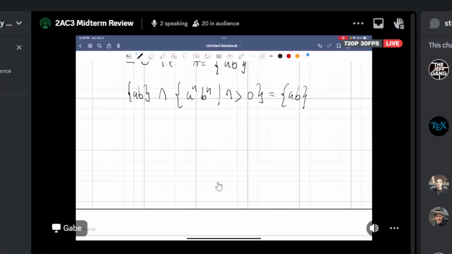No, because you can easily come up with a counterexample. The set a to the power of n with n greater than 0 is regular, because you can just make a start and final state that loops on a. And that is regular.